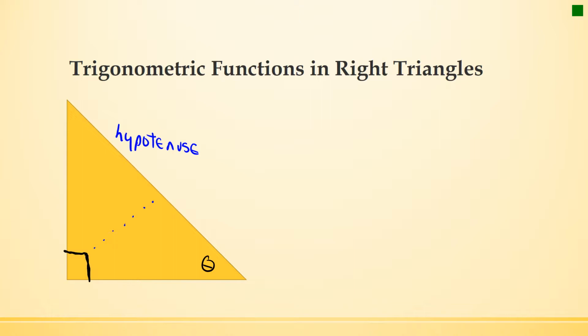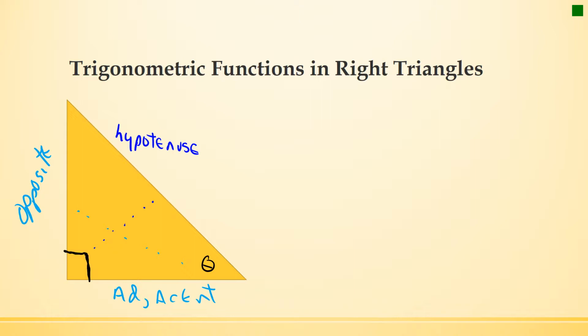So here we've got the Greek letter theta, and this would be one of the two acute angles in a right triangle. From theta, we have an opposite side that's going in this direction. So this would be the opposite. And then we have an adjacent side to angle theta. And here is the adjacent.